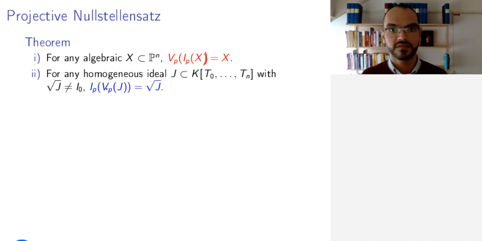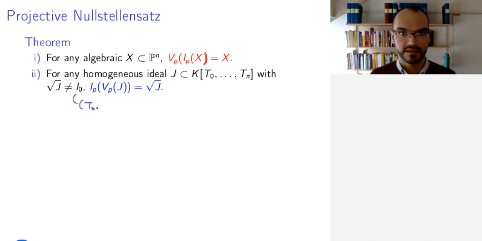And conversely, for any homogeneous ideal in the polynomial ring, if you take the 0 locus and then the vanishing ideal, you get the radical of the ideal, provided that your ideal is not this problematic ideal generated by the indeterminates.